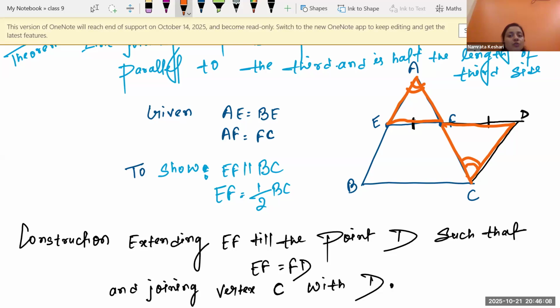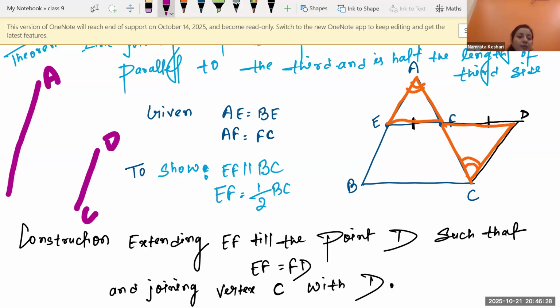After proving these two congruent, we will be able to say angle A over there will be equal to angle C over here. And the moment we are saying these two angles are same, there comes a concept which says that there are two random lines, DC and AB, and there is a transversal like this.